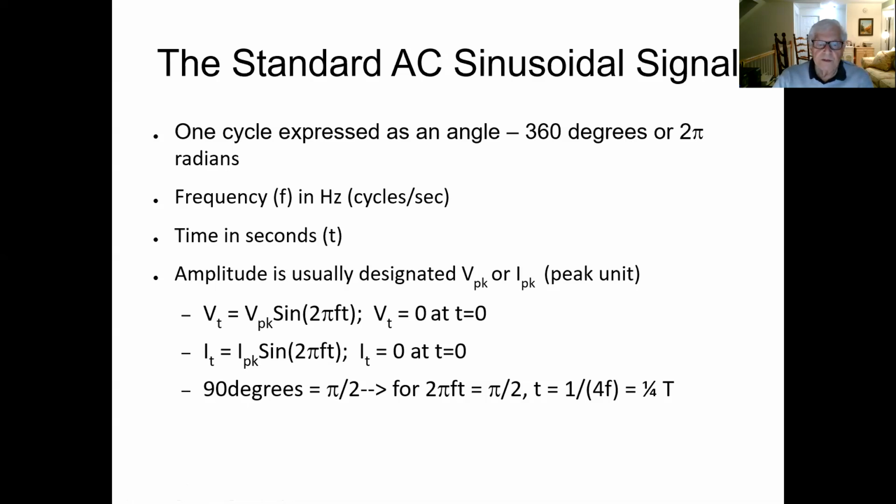So 2 pi times f times t is essentially pi over 2. So the t basically is 1 over 4 times the frequency, or a quarter of its period.